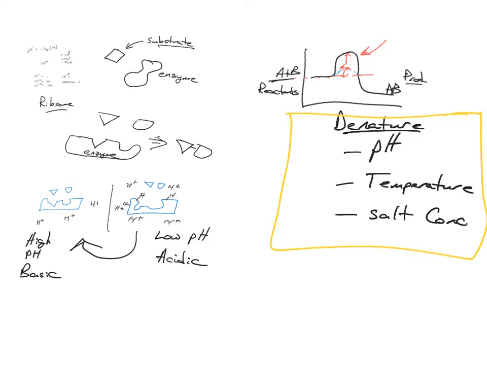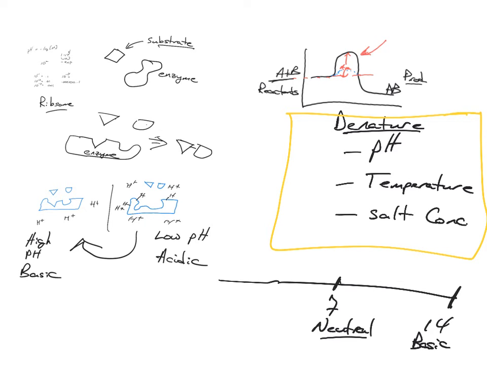The pH of your blood is constantly around somewhere near 7, which is neutral. It's neither acidic nor basic. If it was closer to 14, it would be called basic. If it's closer to 0, it's called acidic. So anything under 7 is acidic, anything over 7 is basic, and 7 is neutral.